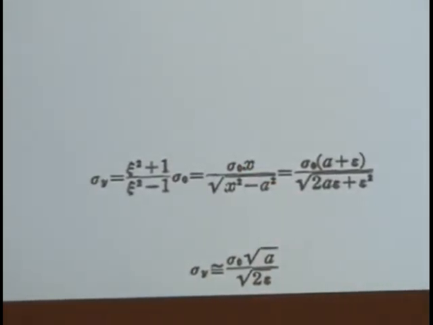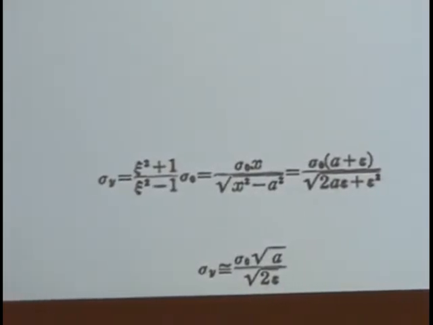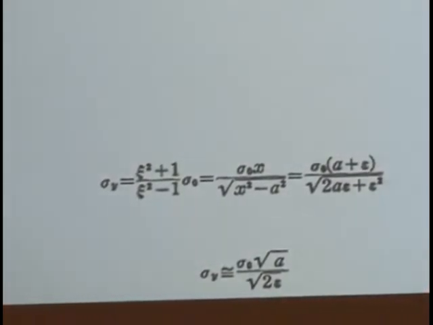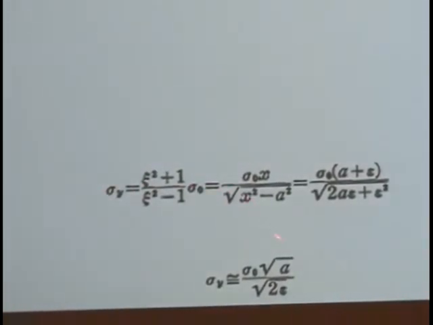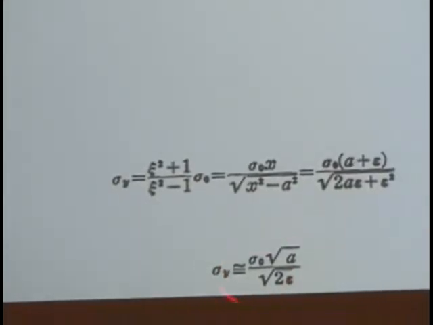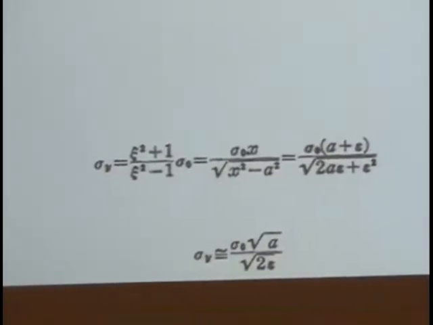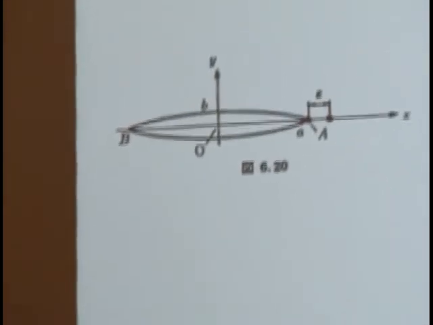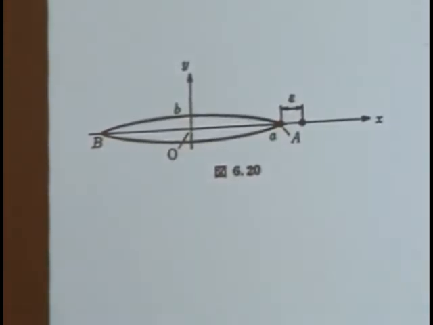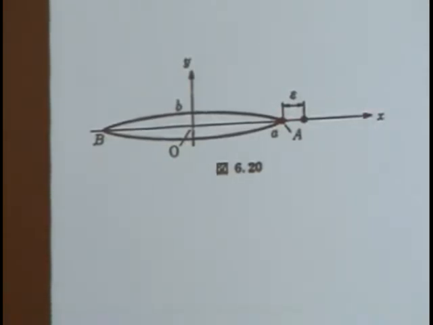This is the singularity, the typical square root r singularity of a crack. So this is the approximate solution at the crack tip. Increasing epsilon, this becomes 0. But this is not the exact solution. It is applicable just in the neighborhood of the crack tip.